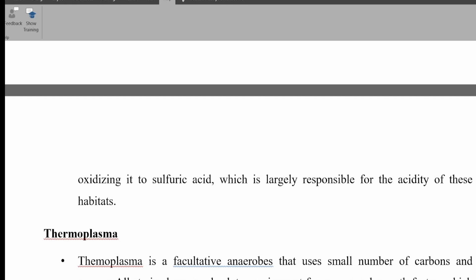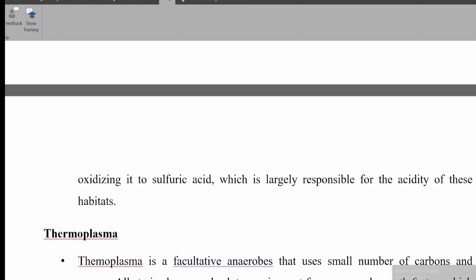The principal growth substrate in hot springs is elemental sulfur, and Sulfolobus grows on the surface of droplets or crystals of sulfur, oxidizing it to sulfuric acid, which is largely responsible for the acidity of this habitat. I think you have seen a hot spring or volcanic eruption site, which has a very adverse environment.